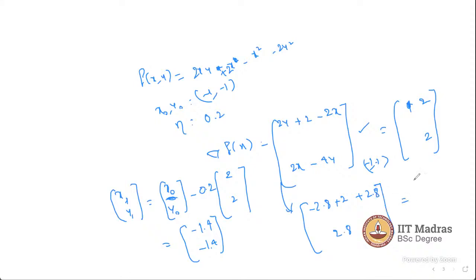Okay. So this gives 2.8. This means that the value of del f of x at x2, y2 is 2.8. So now x2 is equal to x1 plus eta into this del f of x part.